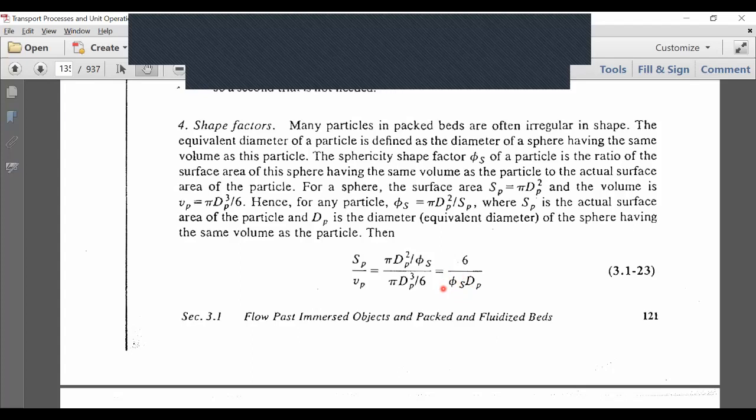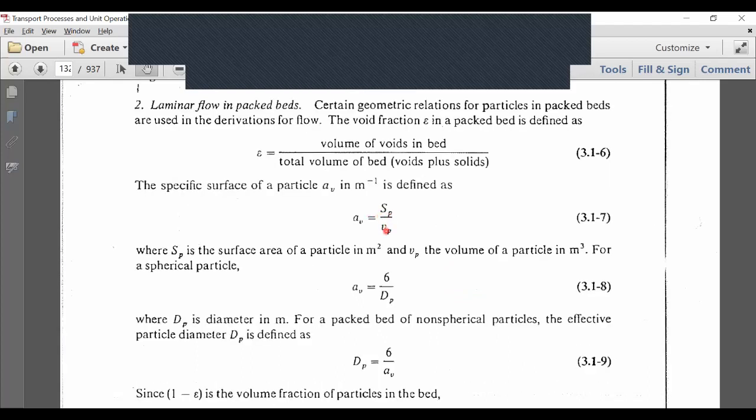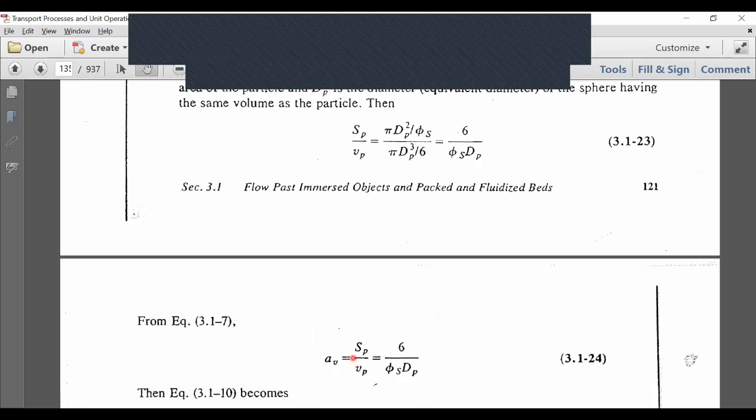For a sphere, AV equals SP per VP equals 6 over dP, as the one in this part. Let me go up to this one. AV equals SP per VP, and for a spherical particle, AV equals 6 over dP. So it's actually similar to what we see here as well. AV equals SP per VP.